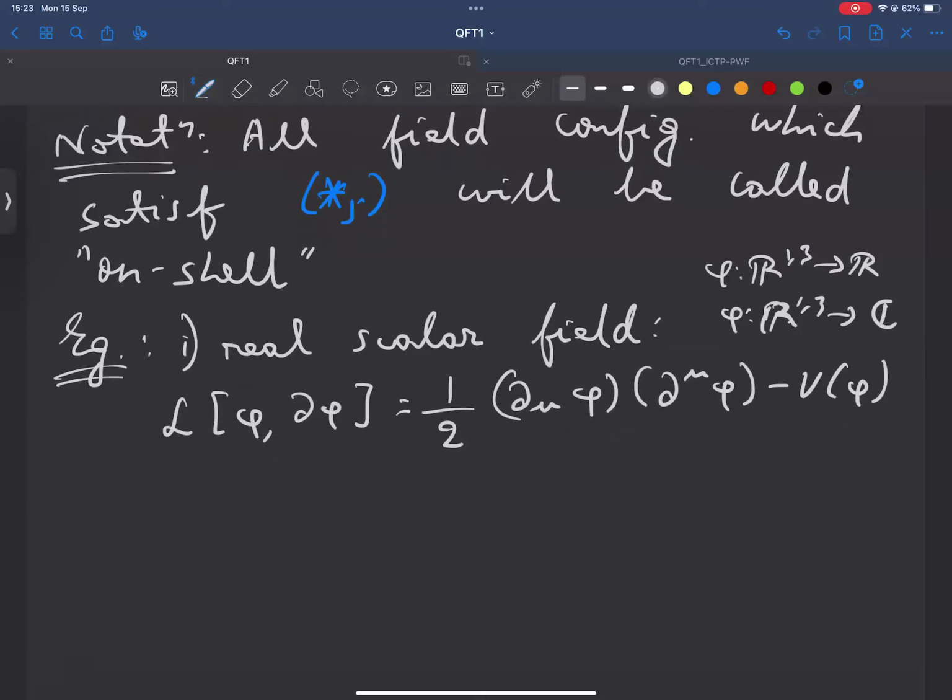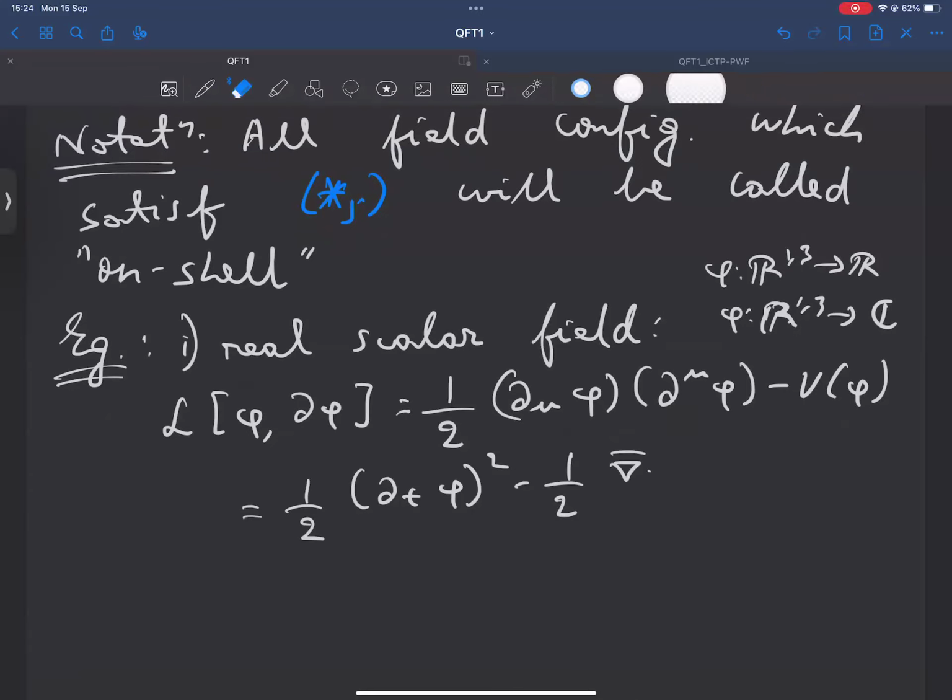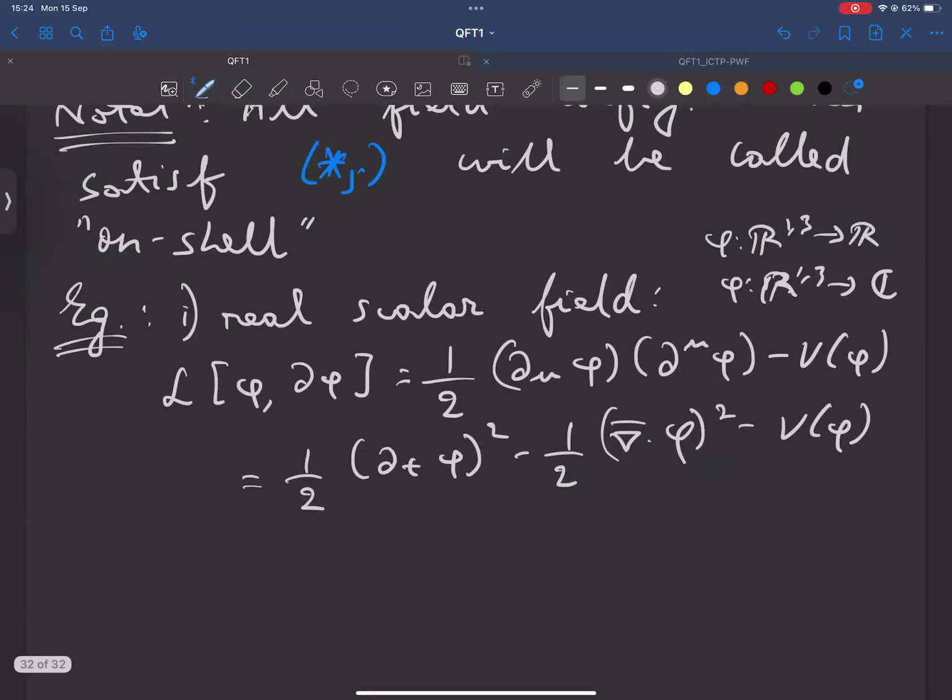And if you expand it out using the Minkowski metric, you can write down the time component as this and the space component as the gradient of the scalar field, gradient squared, and the potential piece. Okay, so that's what it looks like when you write it in terms of the specific components, the time and the space components separated out.